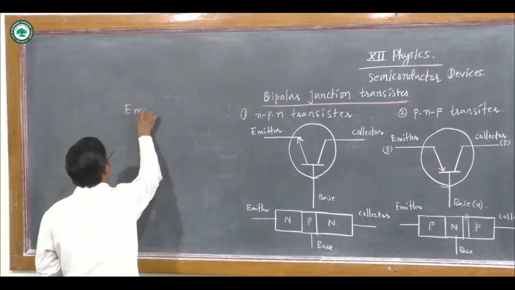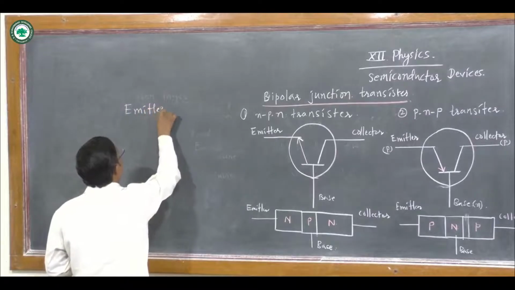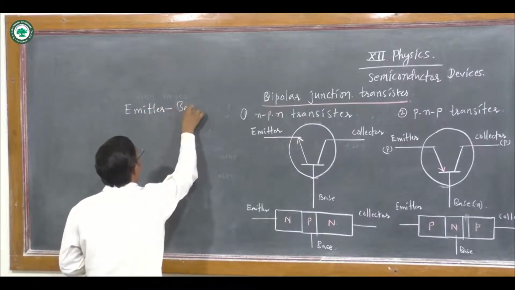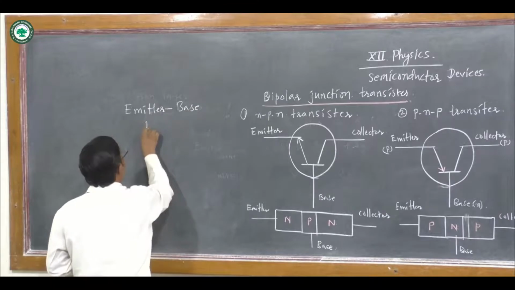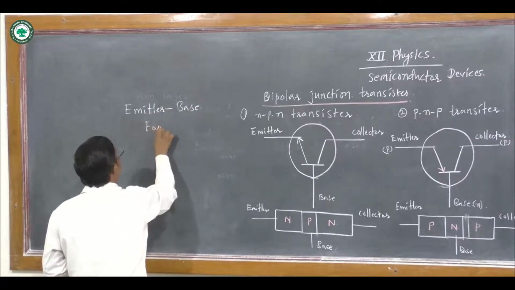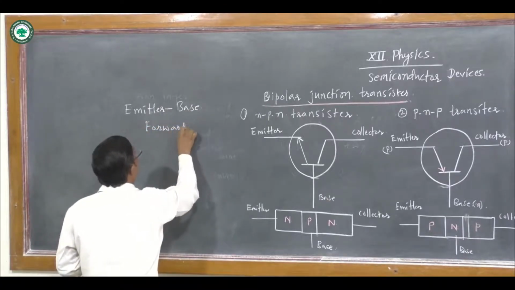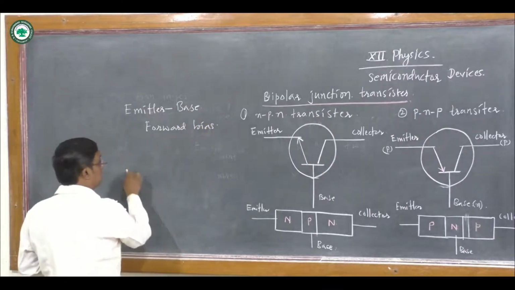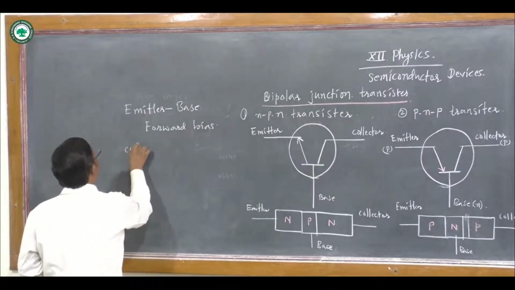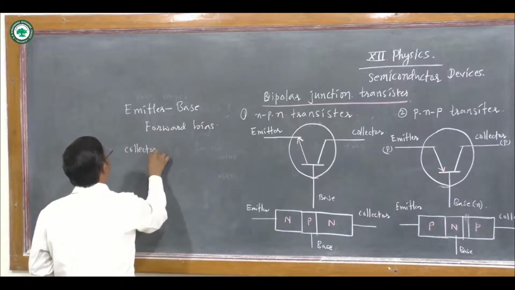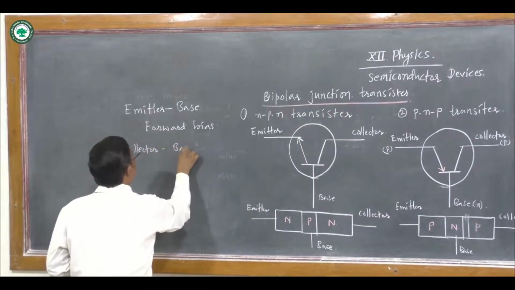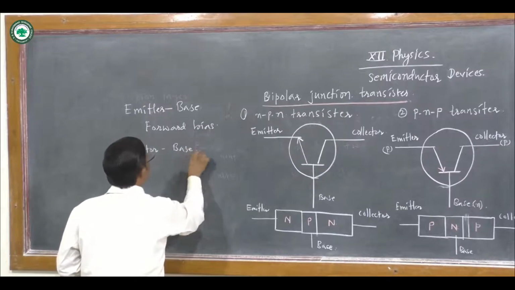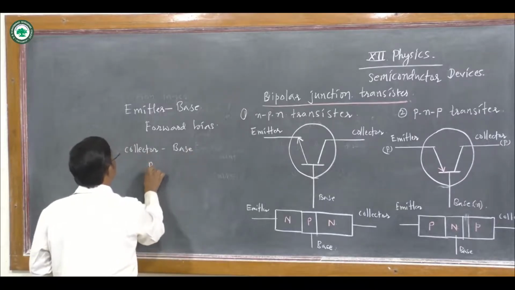This emitter and base terminals are in a forward bias, and the collector and base terminals are in a reverse bias.